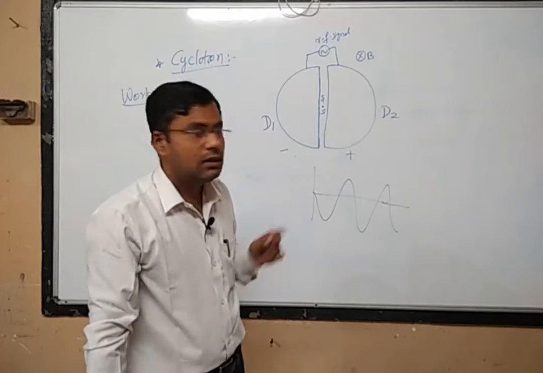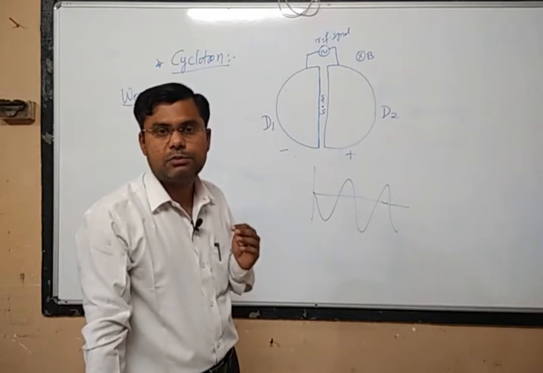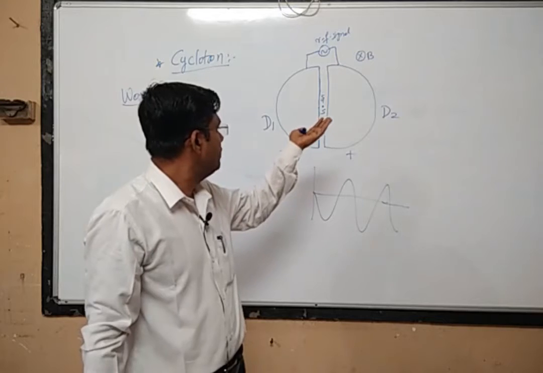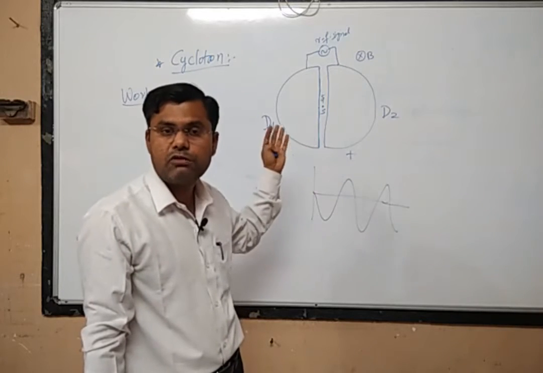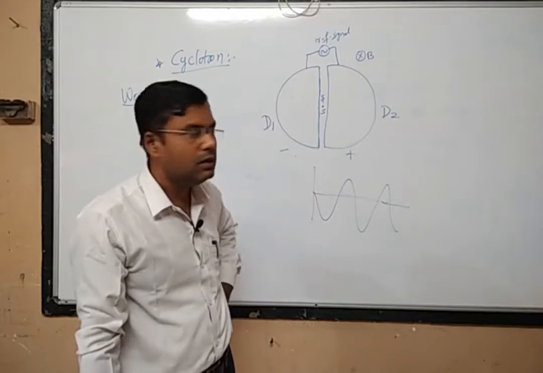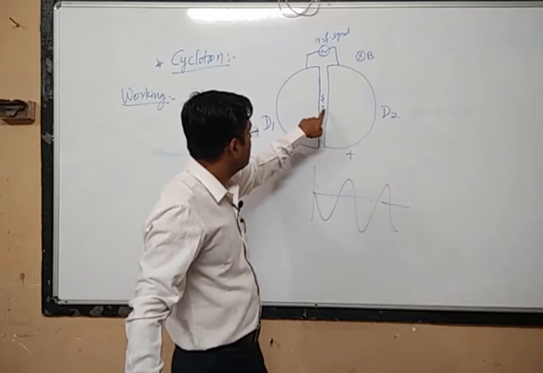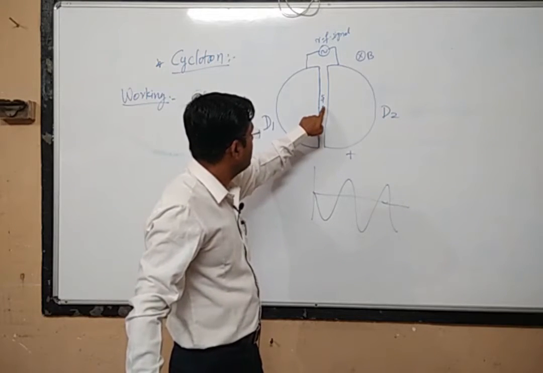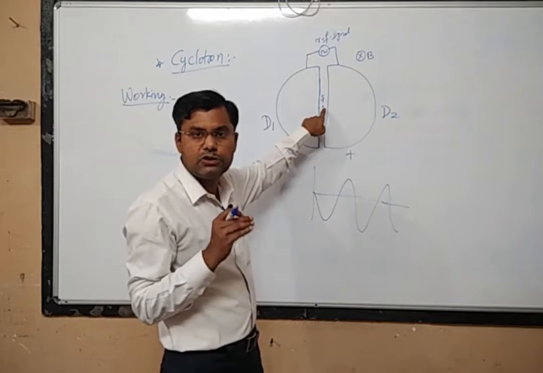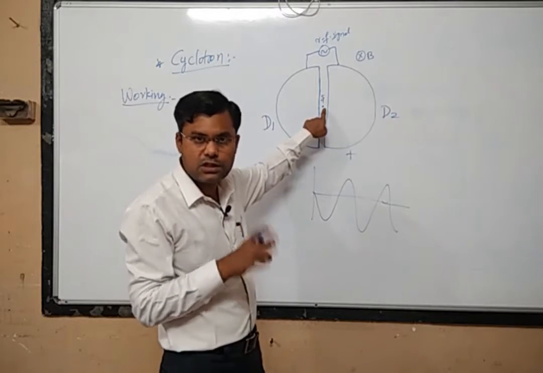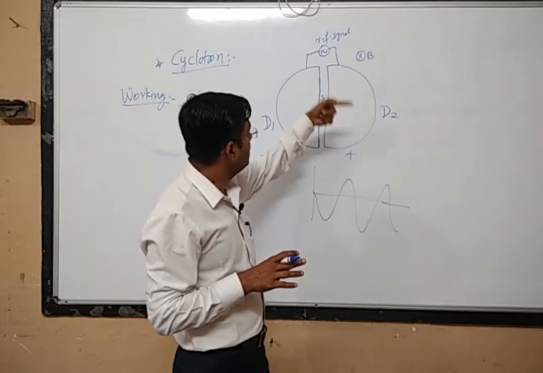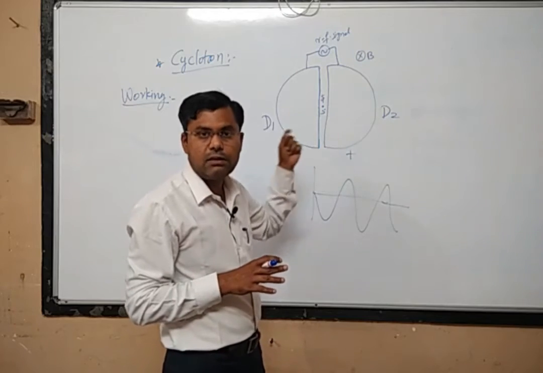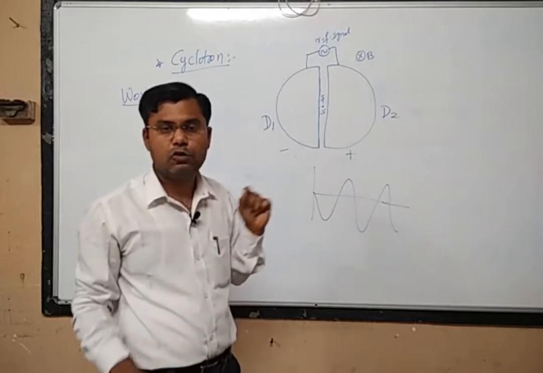Now the question is, what type of motion will this charged particle exhibit: straight line motion or circular motion? When the charged particle is emitted by the source, we may assume its initial velocity was 0, so even with a magnetic field, the magnetic force acting on it would be 0.